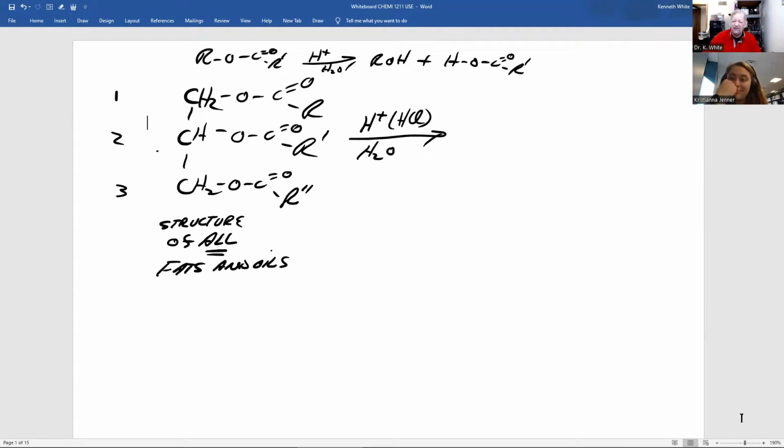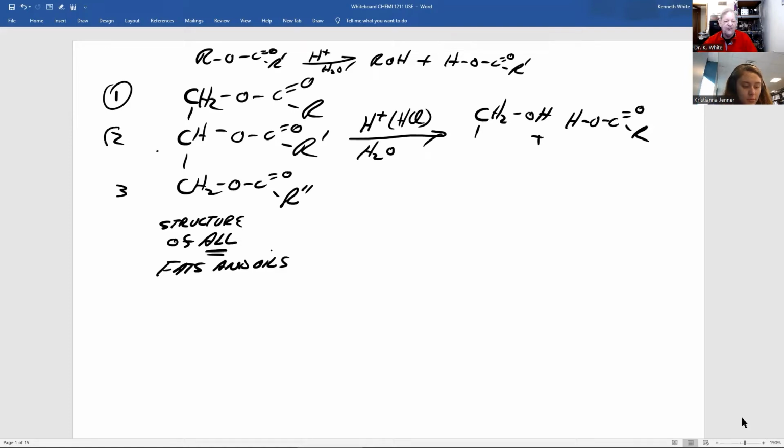I see everybody's done. So if we look at ester number 1, we get R is CH2, and you get this alcohol, but it's connected to something else, and you get this carboxylic acid. Ester number 2, you get this is my R, so you get this alcohol, which is connected to CH2.